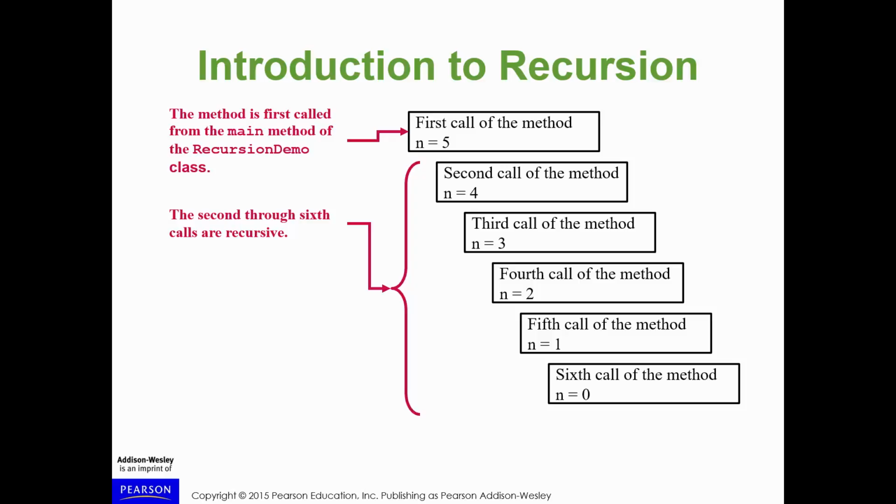Typically when people write recursive methods, they write them because it can result in much less code. That doesn't mean that it's going to execute faster. It may actually execute slower.